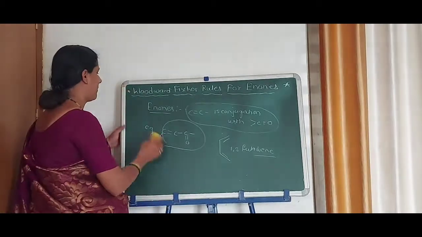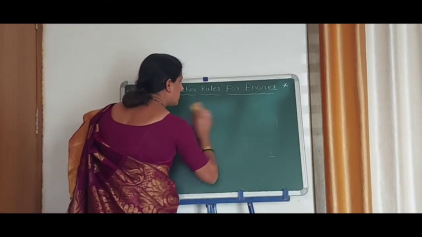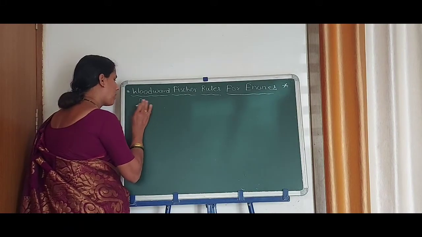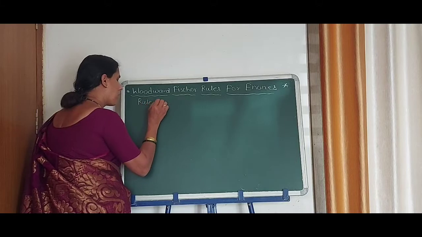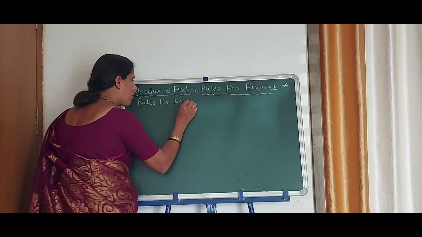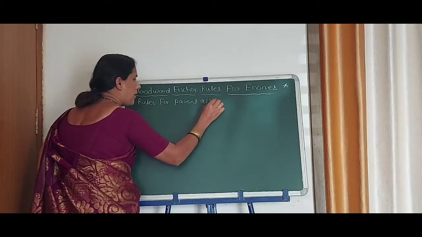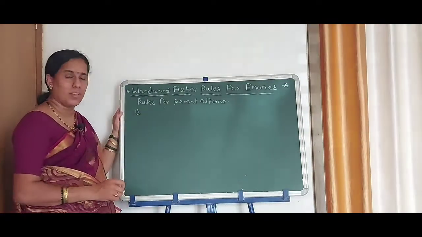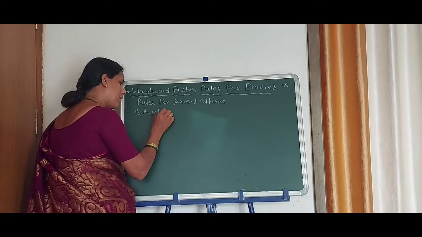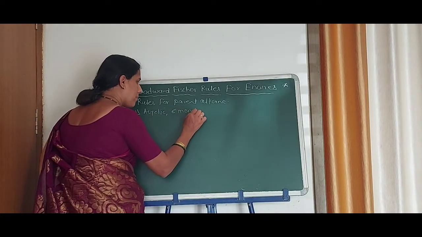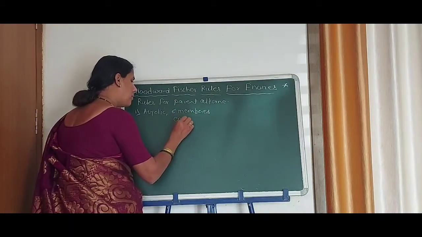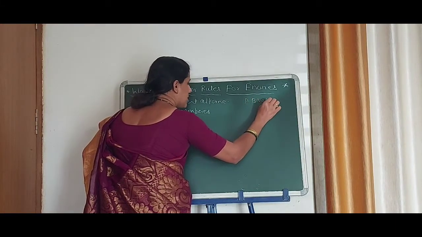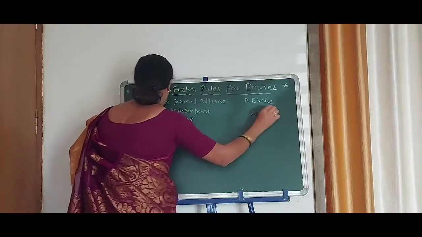For the parent compound, when the compound is an acyclic or six-membered enone, the basic value is 215 nanometer.